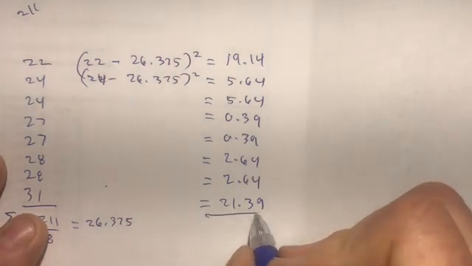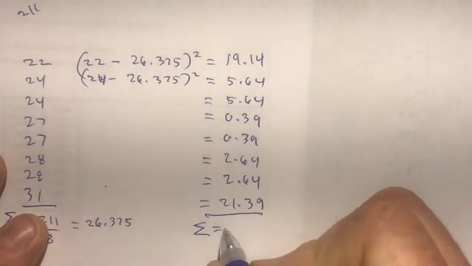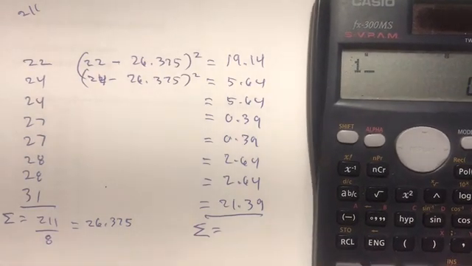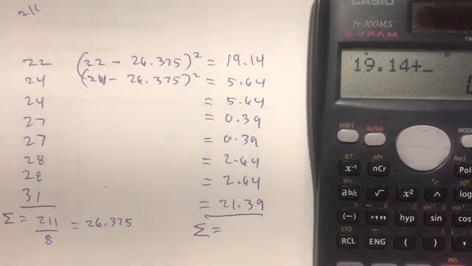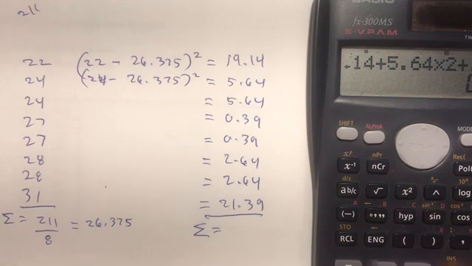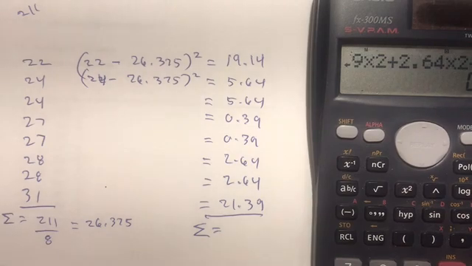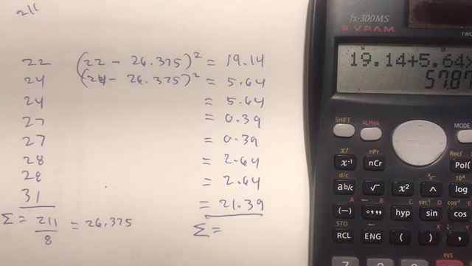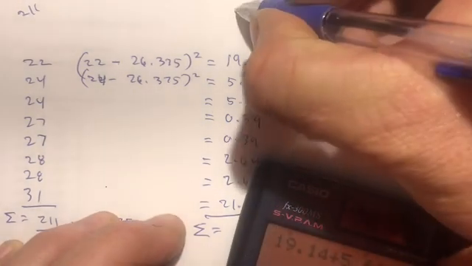Now, I'm going to sum those up. Let's add these up. 19.14 plus 5.64 times 2 plus 0.39 times 2 plus 2.64 times 2 plus 21.39 equals 57.87. I'm going to write it up here.